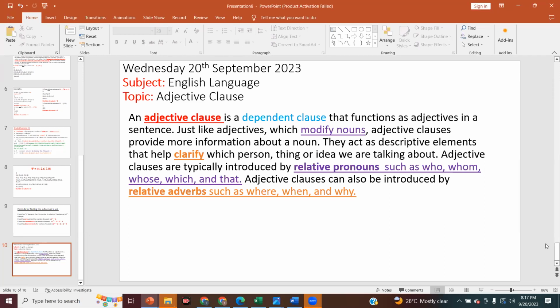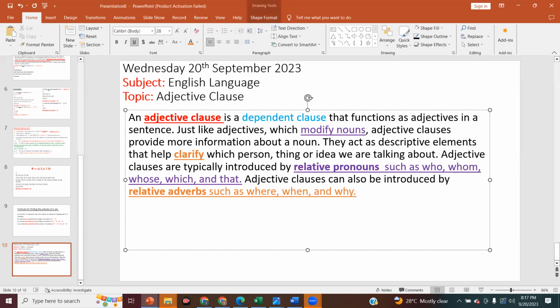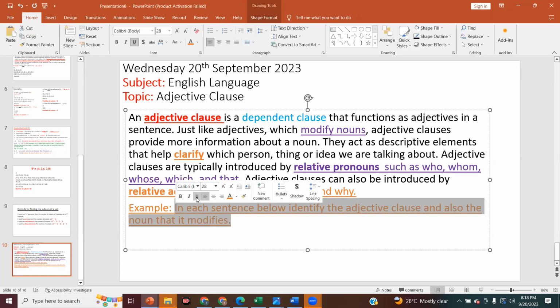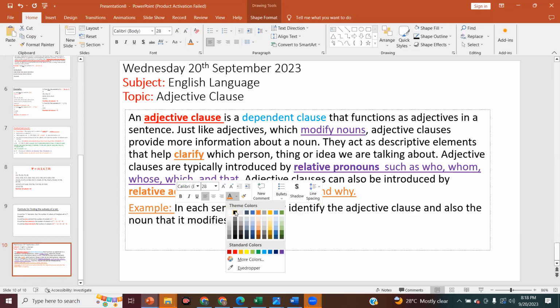Now, let's use an example. In each sentence below, identify the adjective clause and also the noun that it modifies.